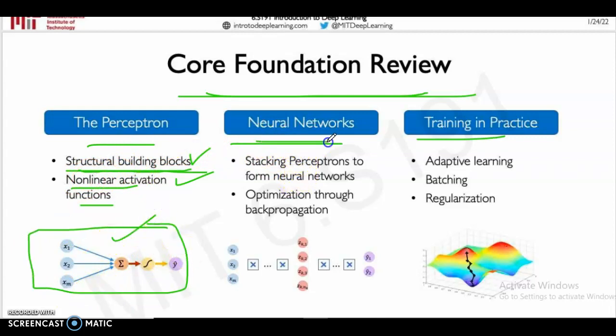Now we are reviewing the core foundation. The perceptron is finished.